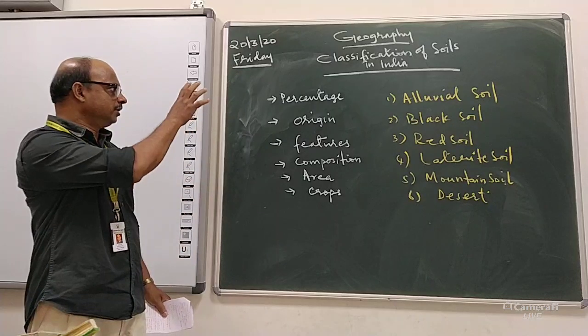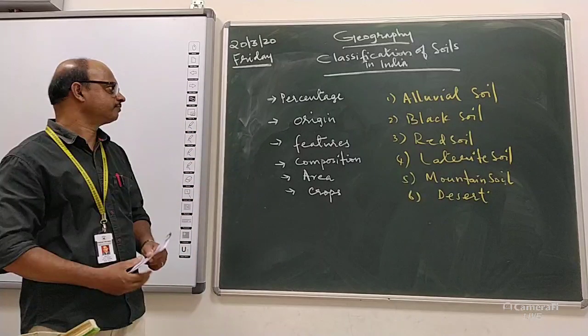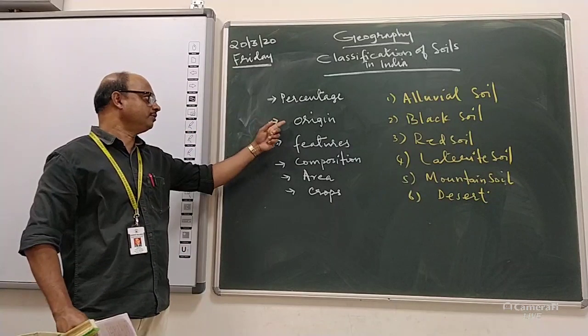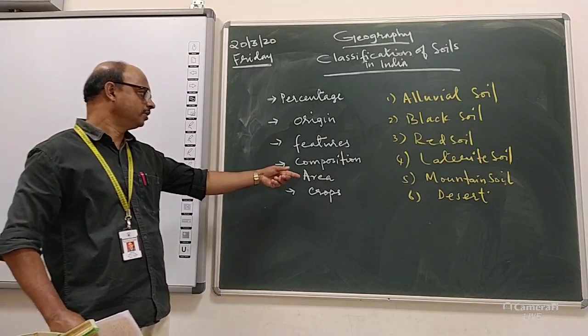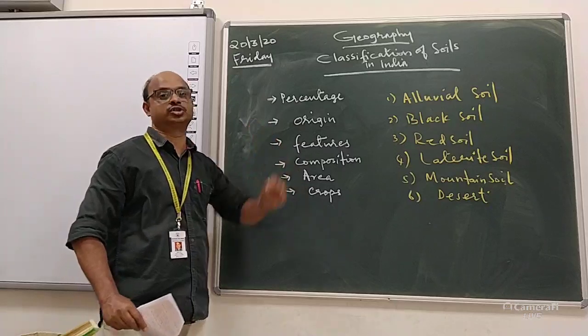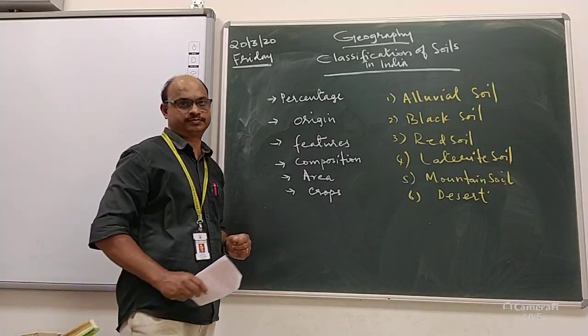There it is about the percentage of soil, origin, features, composition, area, and important crops. So we will discuss.